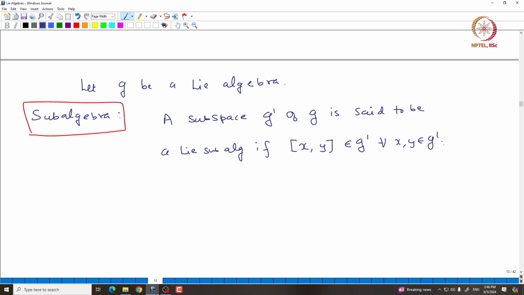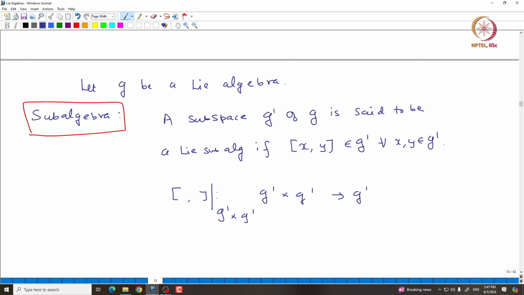So, that means you have this Lie bracket defined from G cross G to G. When you restrict that map to G dash cross G dash, then it should be a map from G dash cross G dash to G dash. So, when you take this bracket map restricted to G dash cross G dash, then it should define a map from G dash cross G dash to G dash. So, that is what we call a subalgebra.